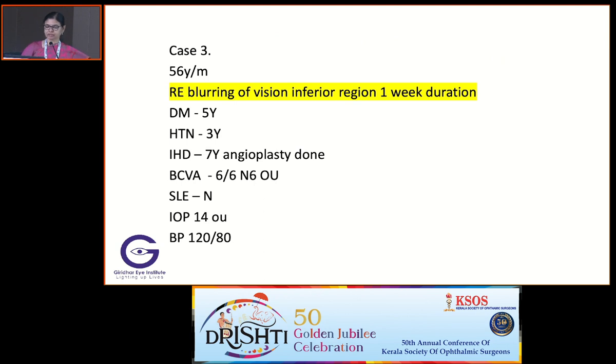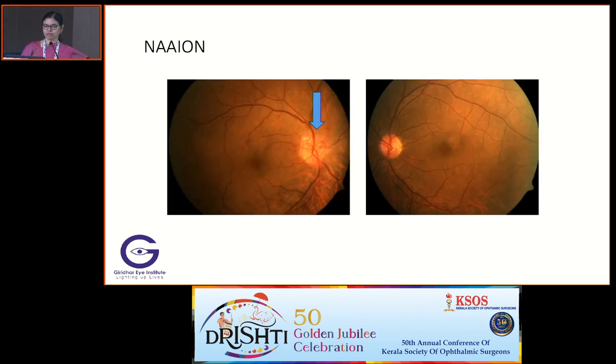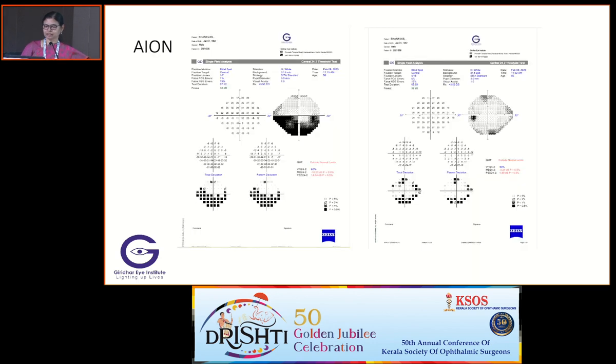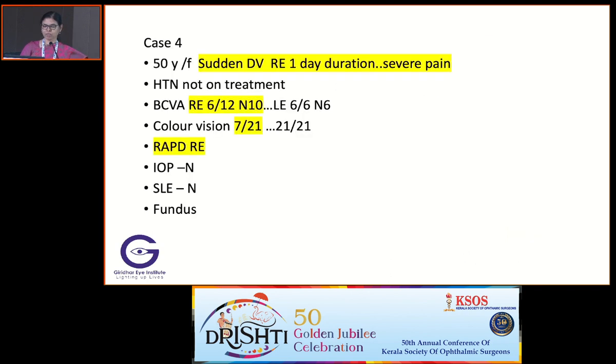In case 3, it's a 56-year-old male, right eye blurring of vision, mainly in the inferior region, 1 week duration, vision 6/6 N6, blood pressure, everything was normal, right eye superior disc margin obscuration, and OCT is like this, inferior altitudinal defect, so it's a case of AION.